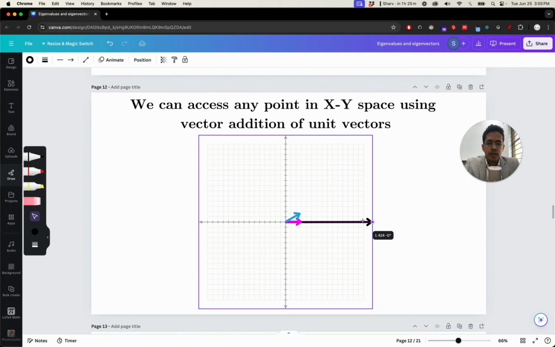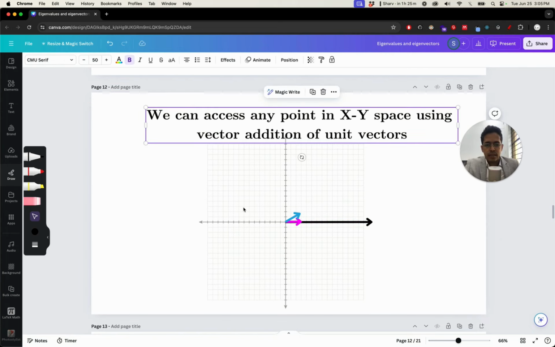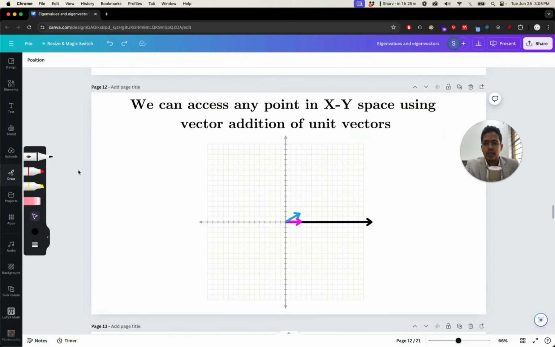In this case, we have a new vector. Let's place it over here. Earlier, this was unit vector x and unit vector y. Now we can denote the pink one as x new and the blue one as y new. Now this black vector, we can represent in terms of x new and y new.